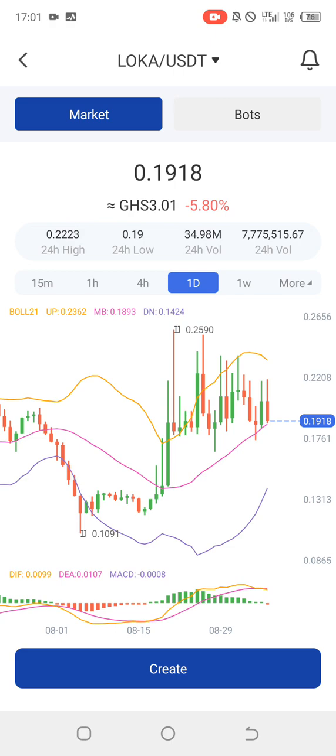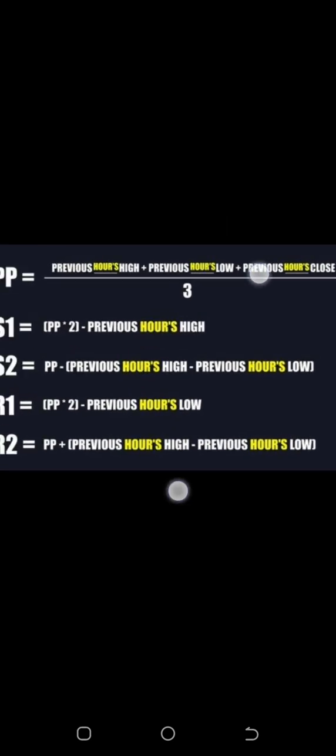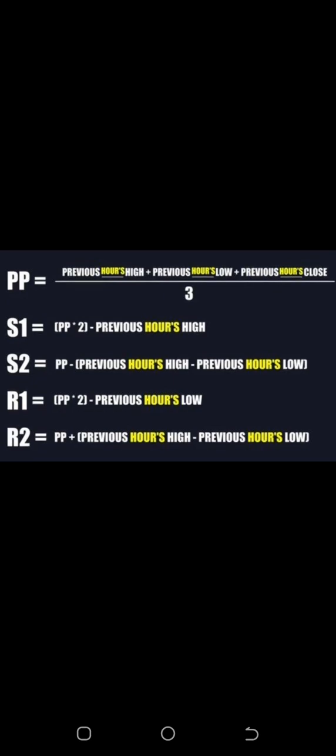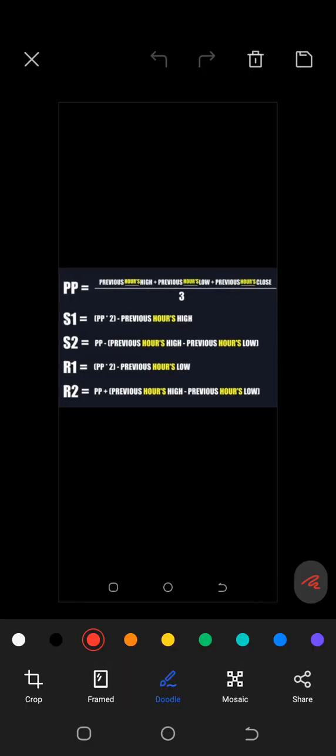Okay, so let's go, let's check. So to calculate the S1, here we are using the hourly. So as you can see, this is just to give you a fair idea of how to calculate the support level 1.